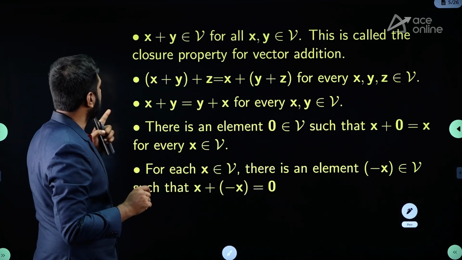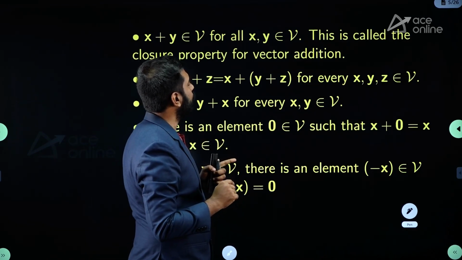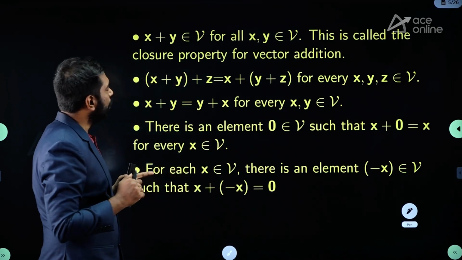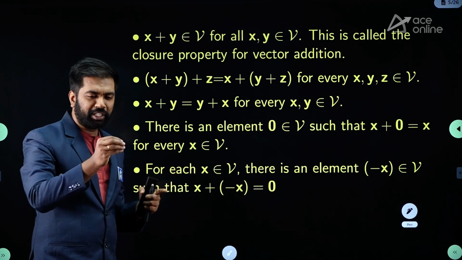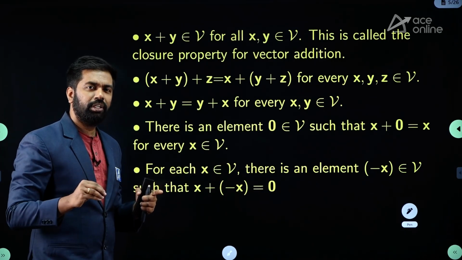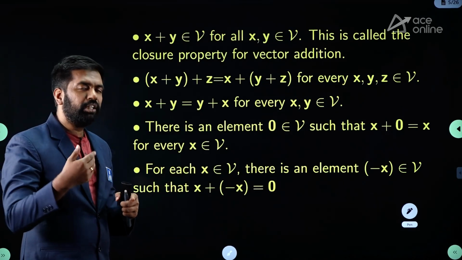It says x plus y belongs to V for all x, y belonging to V. This is called the closure property for vector addition. You take two vectors from the given set, add them, and the new vector should also be part of the given set.